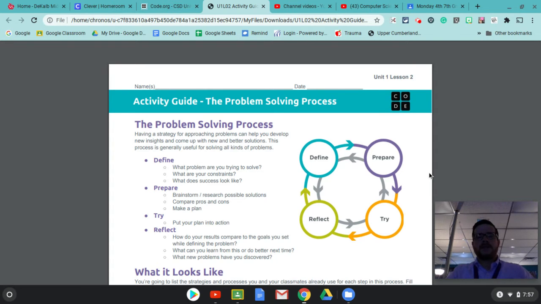They prepared solutions, so they brainstormed. They went to the cafeteria and taped off seats. They tried some things, and a week after they tried it, they tweaked it. They changed the times a little bit and made it work for DMS. So that's a good example of the problem-solving process that we're going to be using in today's lesson.